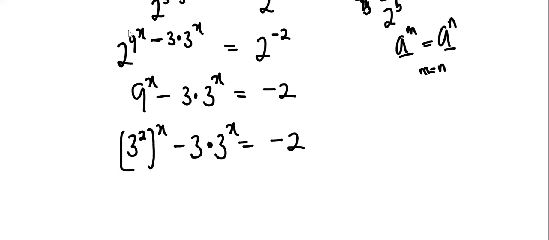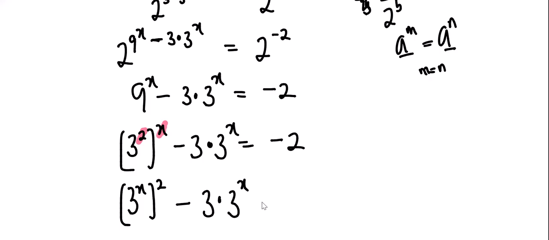From here, I can easily switch the 2 and the x, so that is 3 to the power of x, with 2 outside. This is also correct using the rule of indices. And here I'm going to have minus 3 times 3^x equals negative 2. Next, let y equal 3 to the power of x.